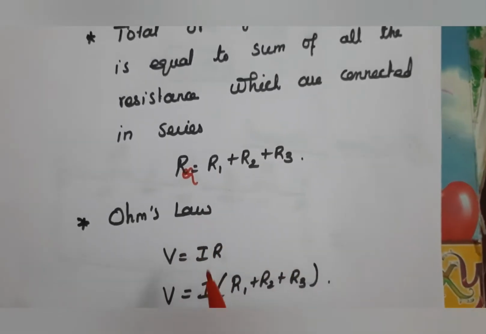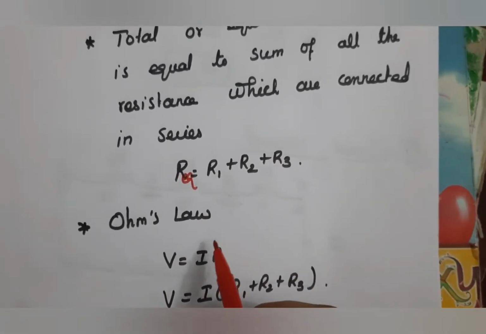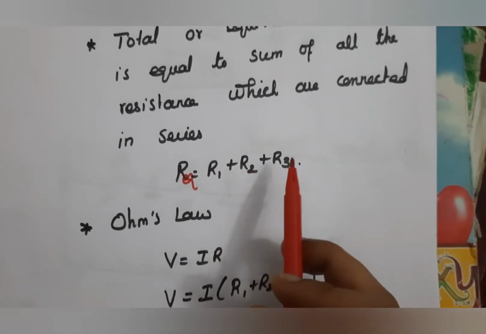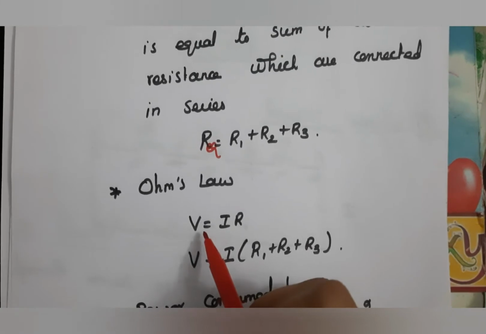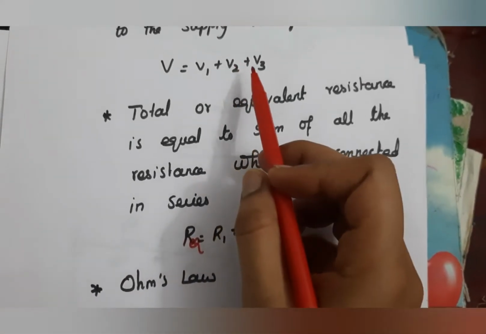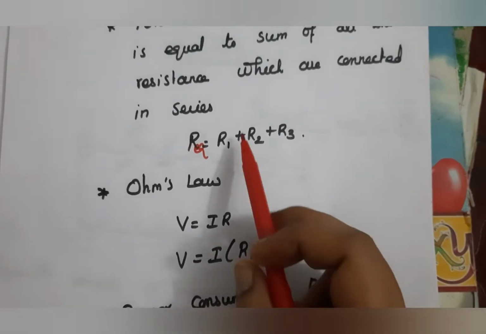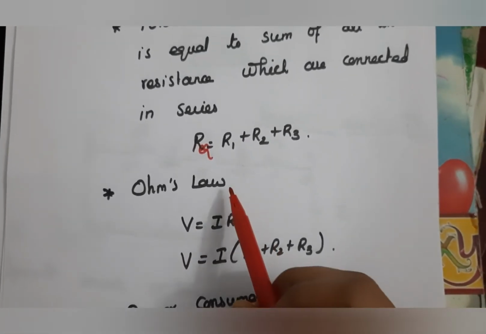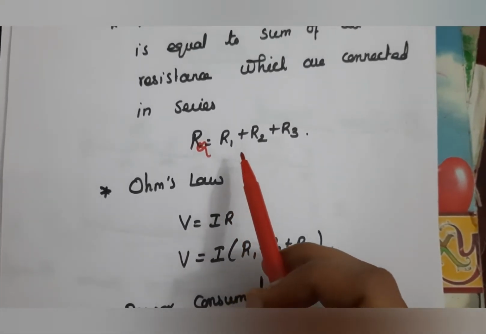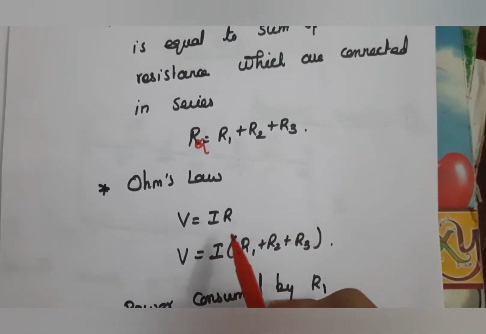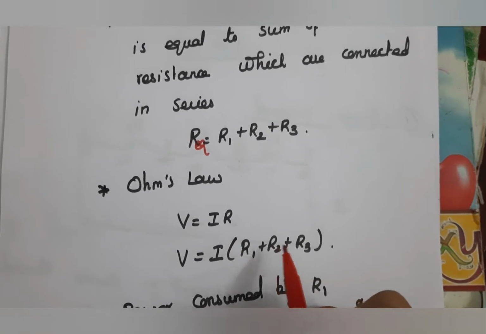According to Ohm's law, V is equal to IR, where R is R equivalent, R1 plus R2 plus R3. And also V is equal to V1 plus V2 plus V3. So V is equal to I into R equivalent. So according to Ohm's law, when the resistances are connected in series, the voltage is equal to I into the summation of the resistances.